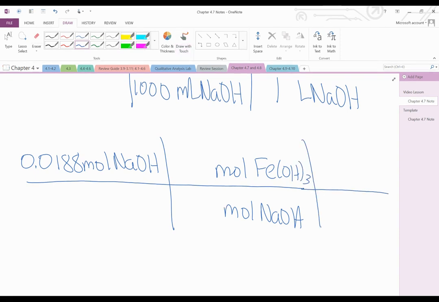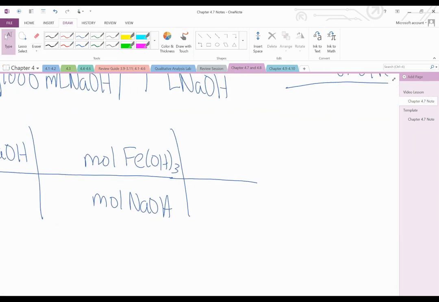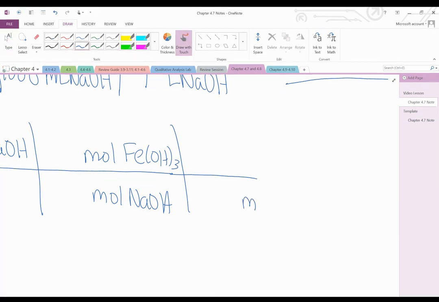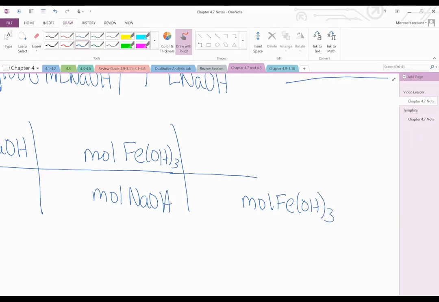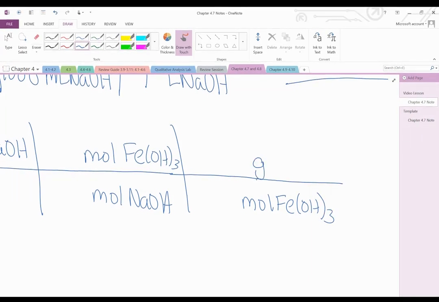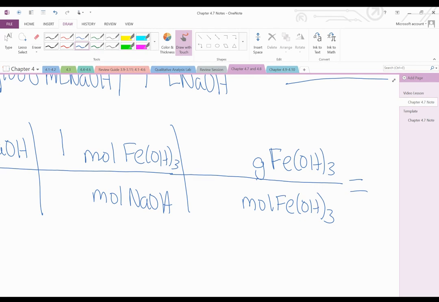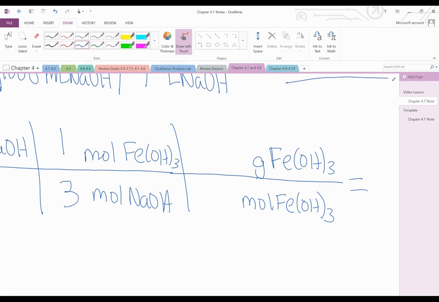And then I will use the molar mass of iron 3 hydroxide to convert to grams. So moles of iron 3 hydroxide, if I go back up to the balanced chemical equation, 1 mole of iron 3 hydroxide forms from 3 moles of sodium hydroxide.